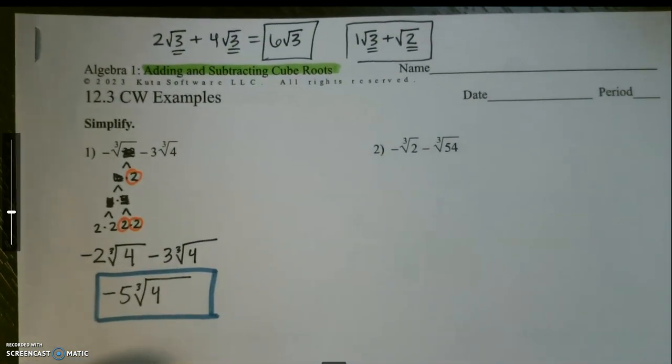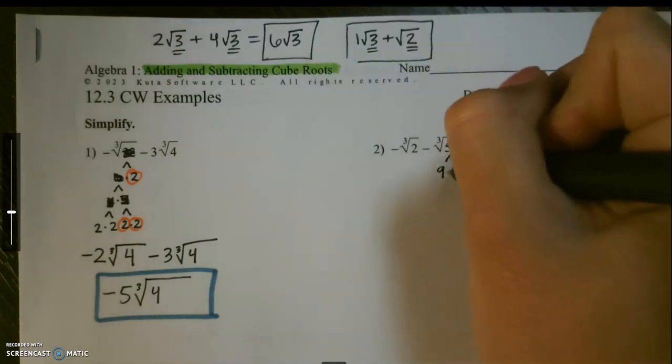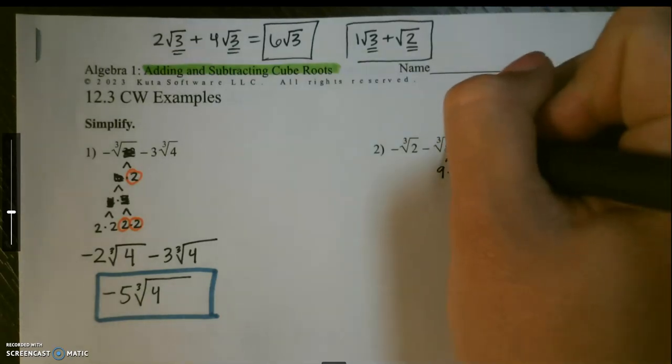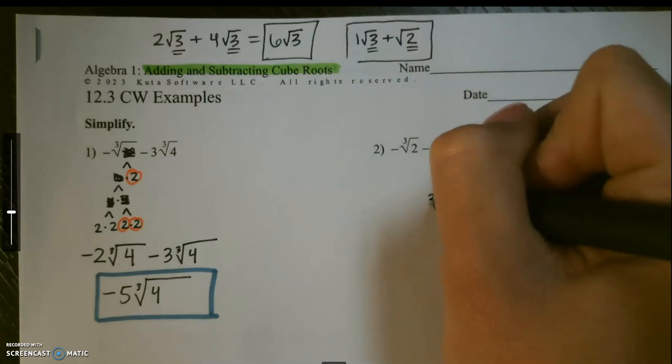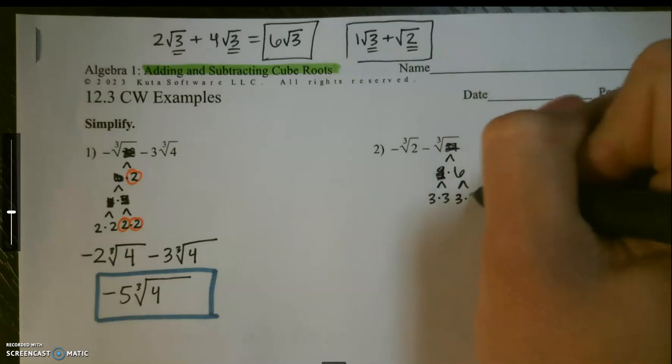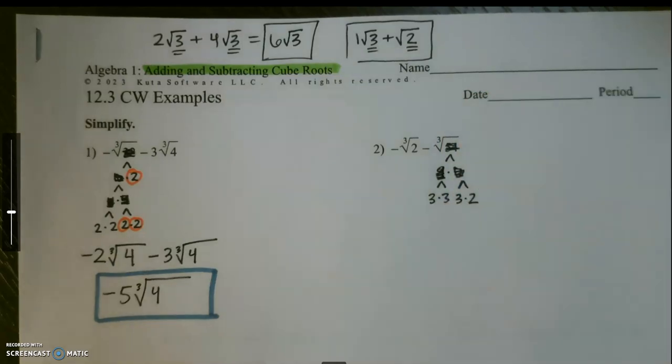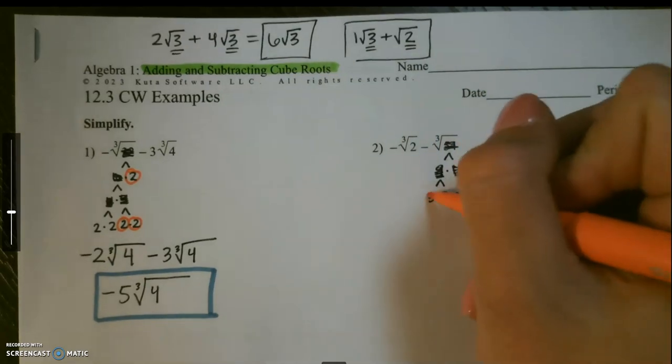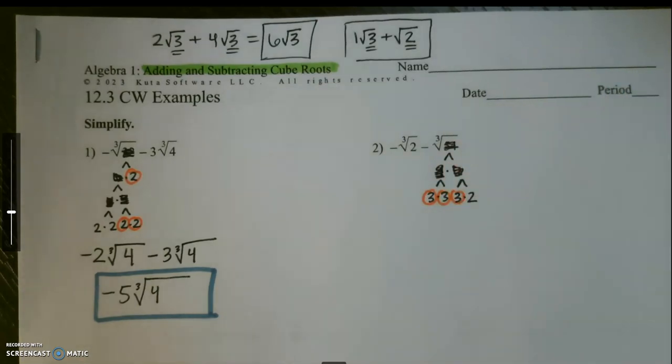All right, let's try the next one. I can break up the 54 by maybe dividing out a 9. That'd be one option to break that up. The 9 would break up into 3 times 3. The 6 would break up into 3 times 2. And it looks like I have 1, 2, 3.